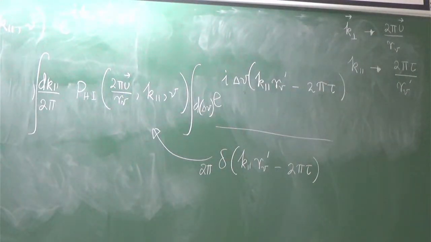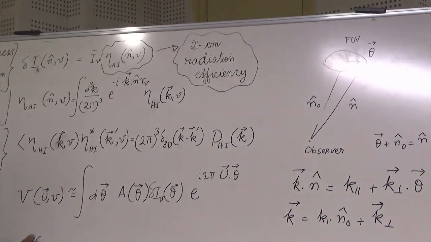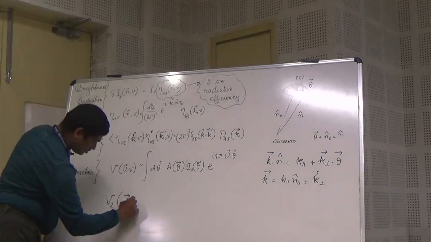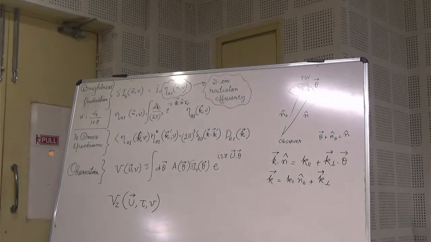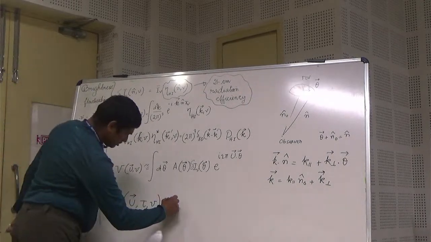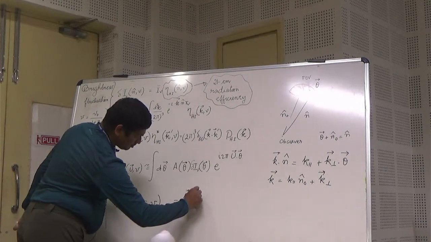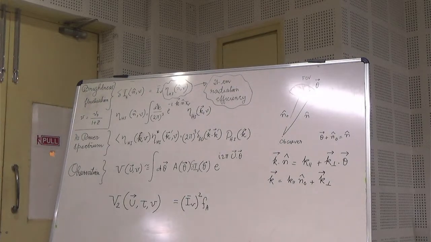So let me write this down here. We get, at the end of the day, on the left hand side V2 of u, tau and nu. What is there in the right hand side? I nu squared, Fa. What else?